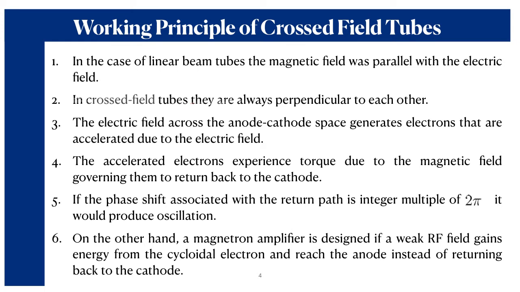On the other hand, a magnetron amplifier can be designed if you make the arrangement in such a way that instead of traveling back to the initial position, which is the cathode from where the electrons are generated, the electron beam which is under the cycloidal motion transfers some of its energy into some weak microwave field, and due to the transfer of the energy, the acceleration or the velocity of those electrons gets reduced, and due to the reduction of the velocity, the force of the magnetic field also gets reduced.